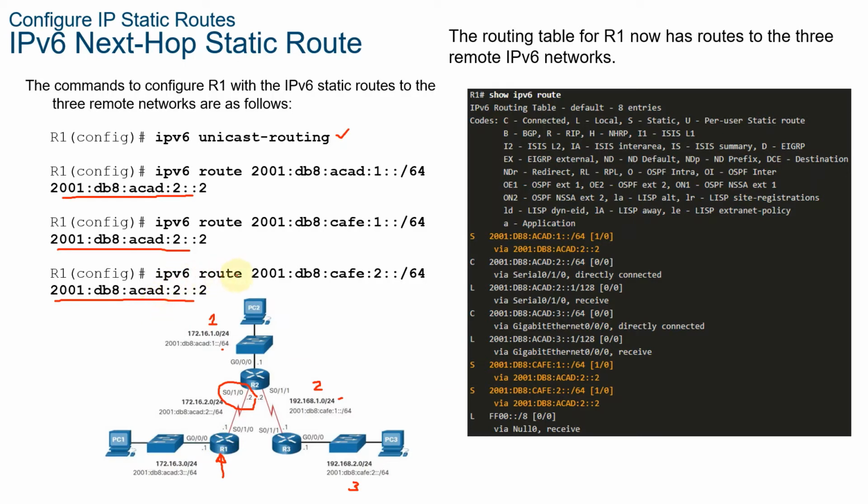So that would be IPv6 route 2001:DB8:CAFE:2::/64, traversing via 2001:DB8:ACAD:2::2. Okay, so after defining this route, you might want to visit the routing table. So the command would be show IPv6 routes. And if you will observe here, we already have seen the 3 remote networks we just recently defined using the IPv6 route command. All right.